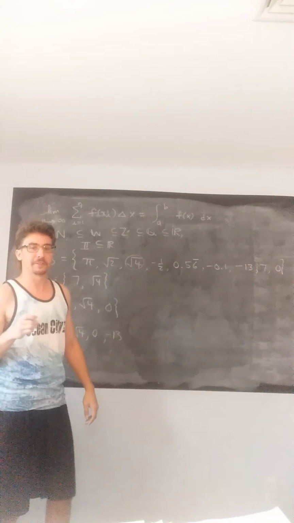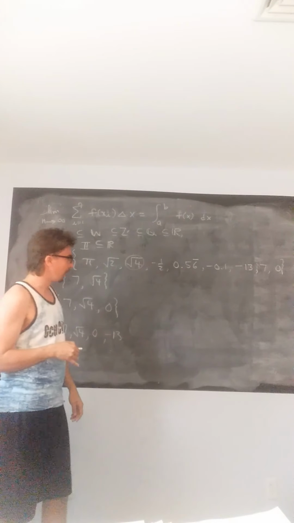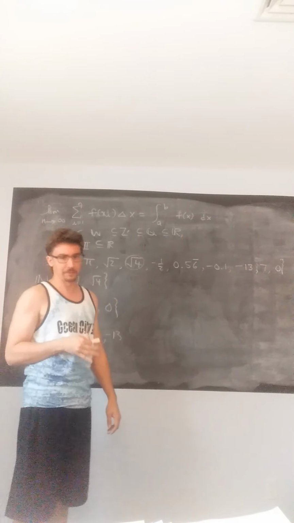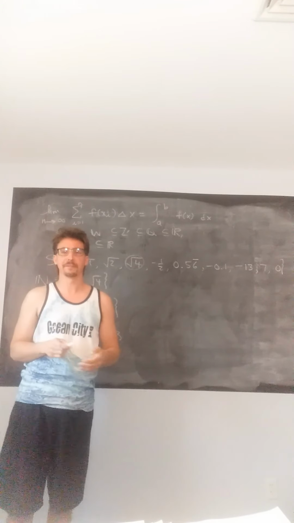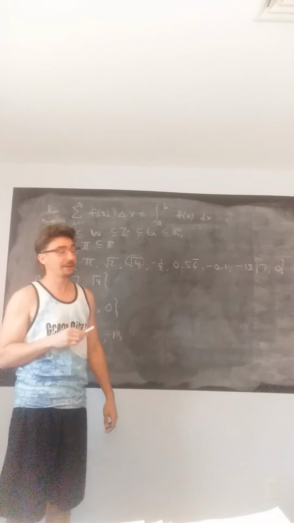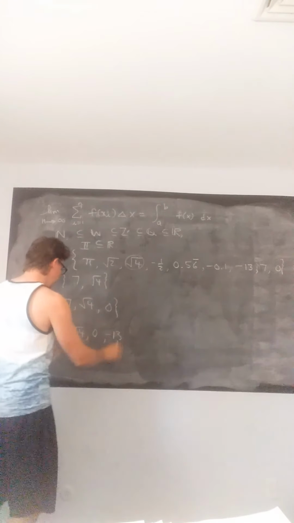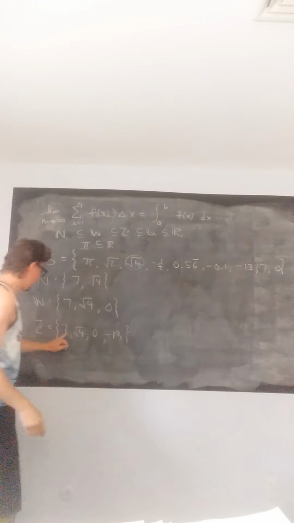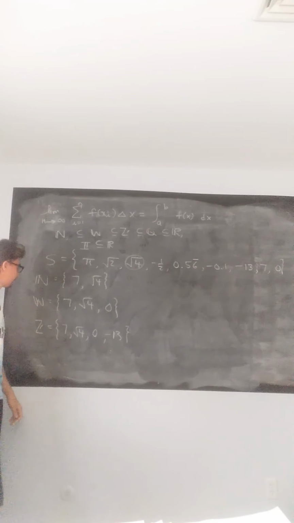And that was one of the things that always confused me, like when I was in 6th, 7th grade, was that the way that our teacher explained it maybe was not the best way. The teacher made a comment like, oh yeah, negative numbers are integers, but not all negative numbers are. And these two would be perfect examples. So the set Z would have 7, the square root of 4, 0, and -13.